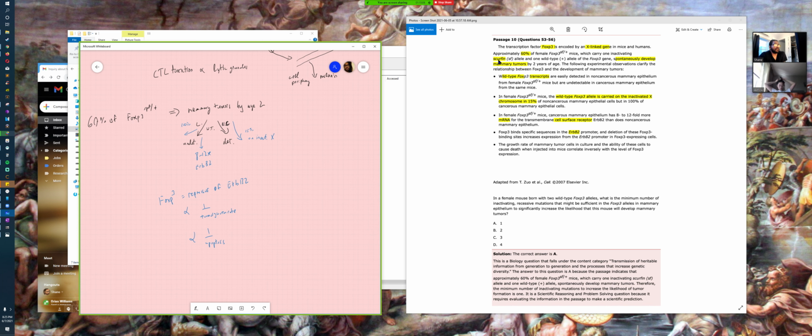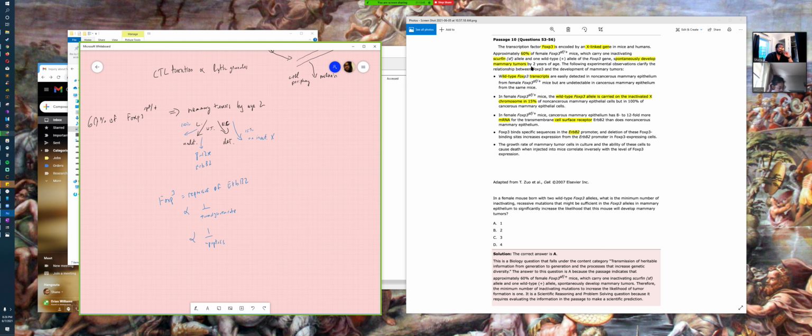So they're asking about a mutation that would get rid of this inactivating scurfin allele, I believe. Get rid of? Yeah. Because it's recessive? So, okay, let's see. So, 60% of them have 1 inactivating SF allele. And 60% of them with just that 1 allele get tumors, right?